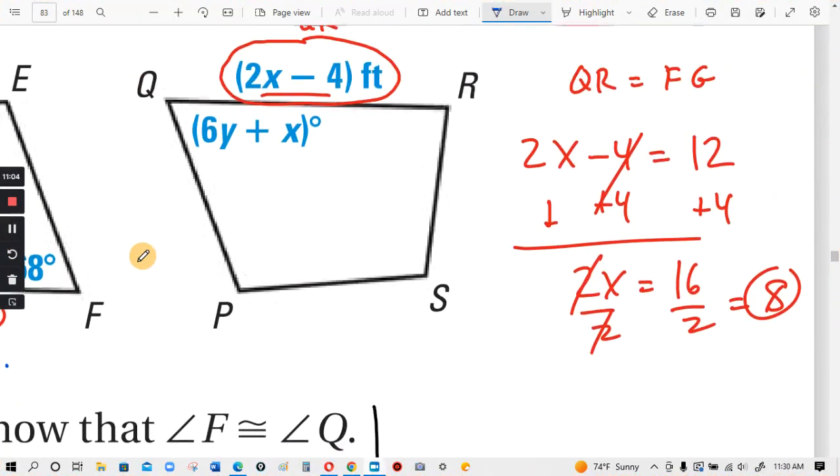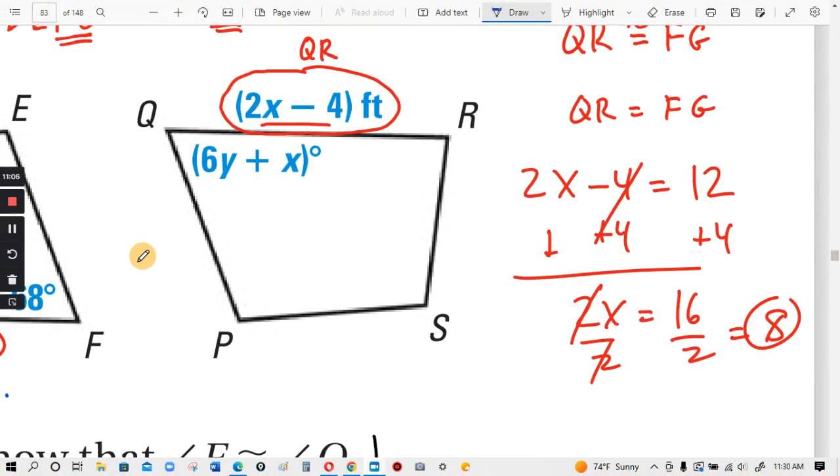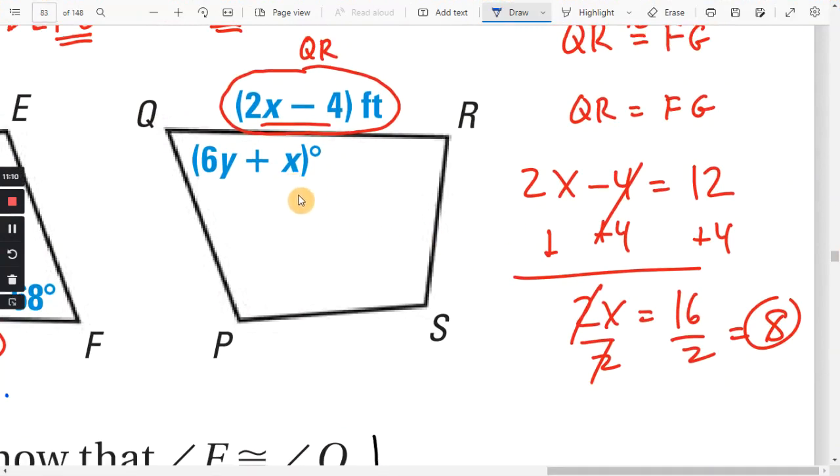Now we want to solve for y. We have x equals 8, so I can put it in right there. x is going to be 8. And here's the y right here. So this measurement is basically this angle right here.